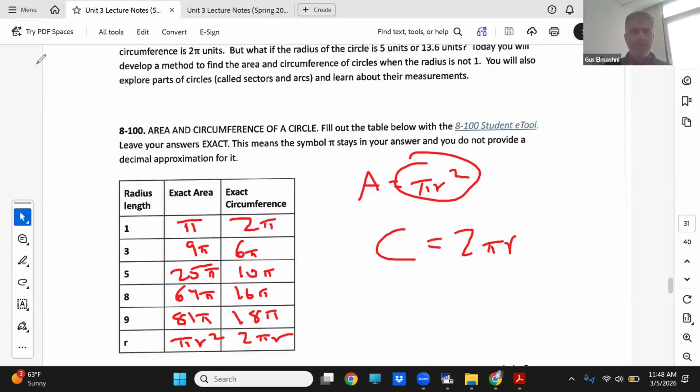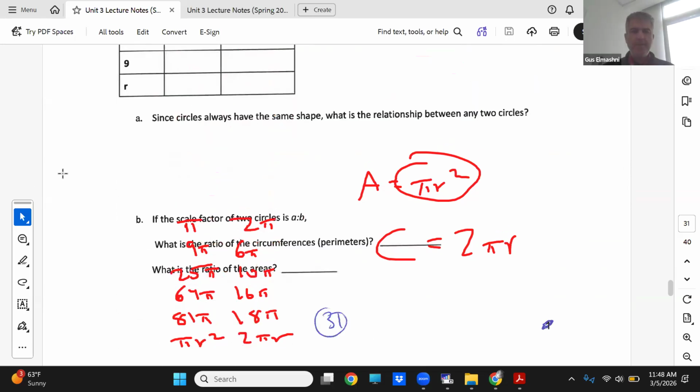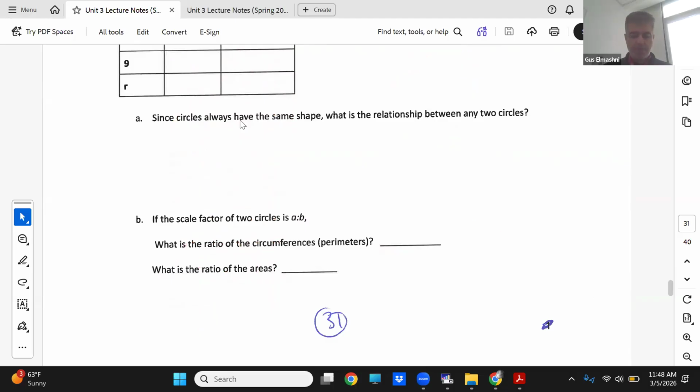So let's move on. Well, actually, I'll wait for everyone to get caught up. Okay. So since circles always have the same shape, what's the relation between any two circles? They're always similar, correct?